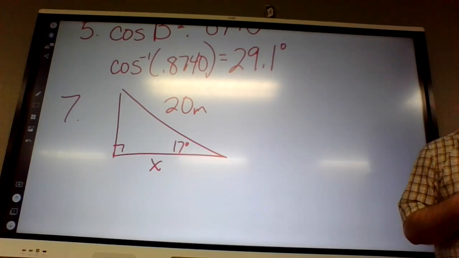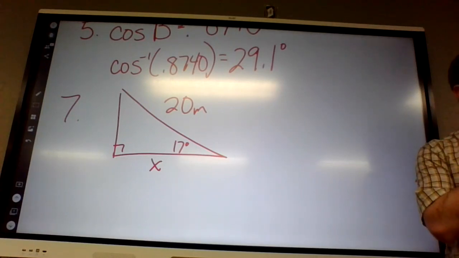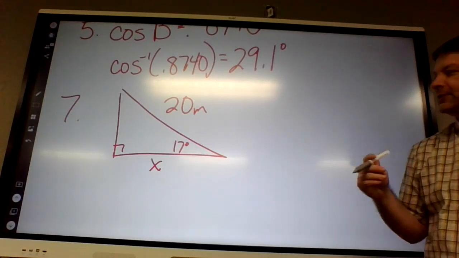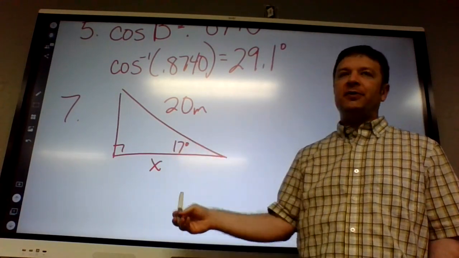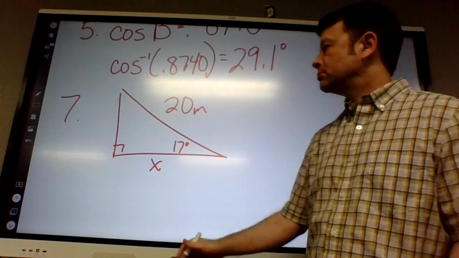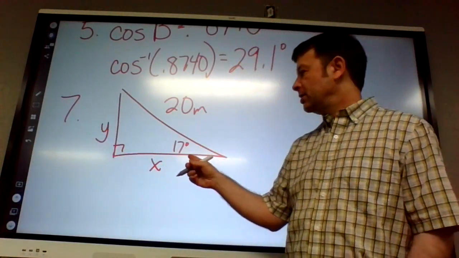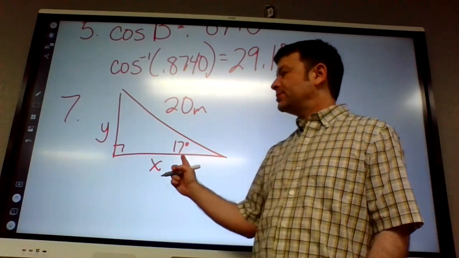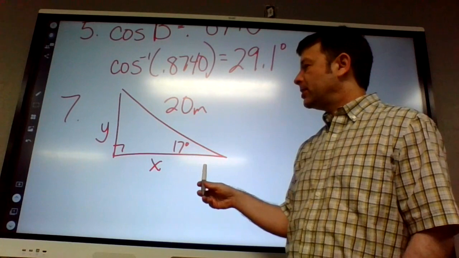I'm trying to remember who I called on yesterday. Who did I not call on yesterday? Anna, relative to this angle, what 2 sides do I have here? B and C. Relative to this angle, x is the what side? Adjacent and hypotenuse.